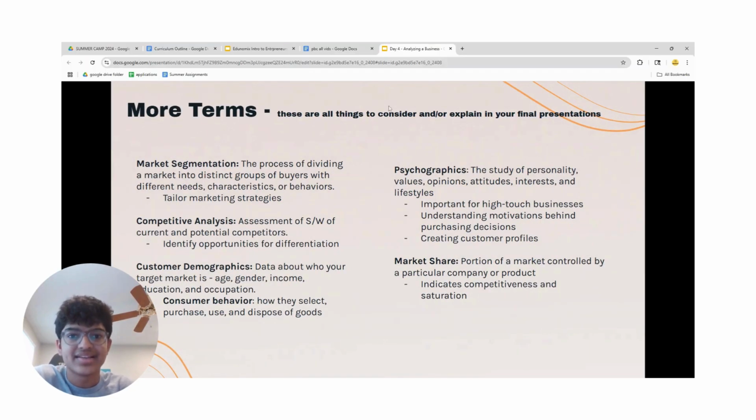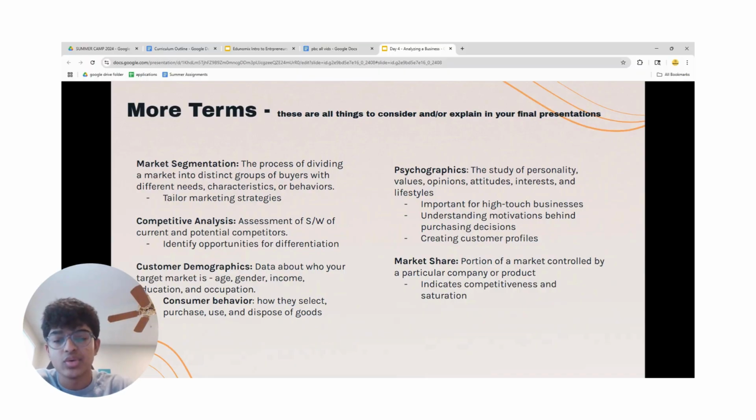Okay, with that, let's talk about some more terms. Segmentation we talked about already, but you segment the market so you can tailor your marketing strategies to each consumer base. Competitive analysis. This is where you're analyzing the strengths, weaknesses, opportunities, and threats of potential competitors, and current ones as well.